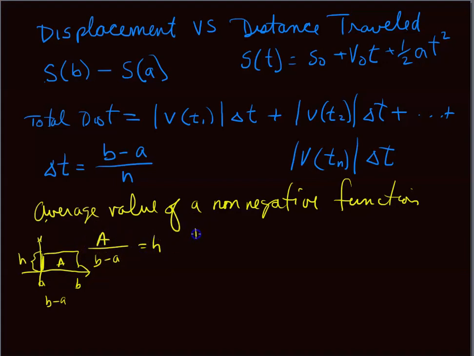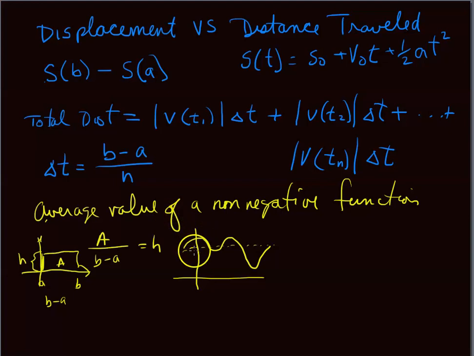But suppose your function isn't nice like that. Suppose your function does something crazy. Then there's a line here that will be the average value of that function. Some's too high, some's too low. Does that make sense?